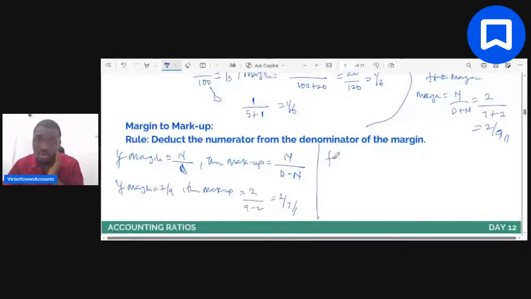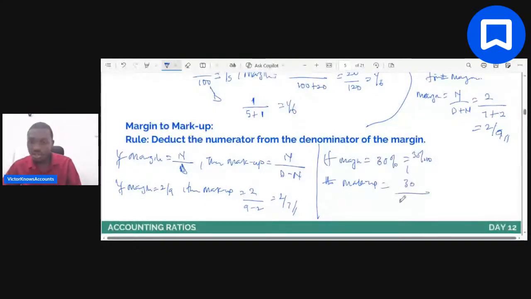If margin equals 30%, the markup will be equal to the numerator, over 100 minus the numerator.